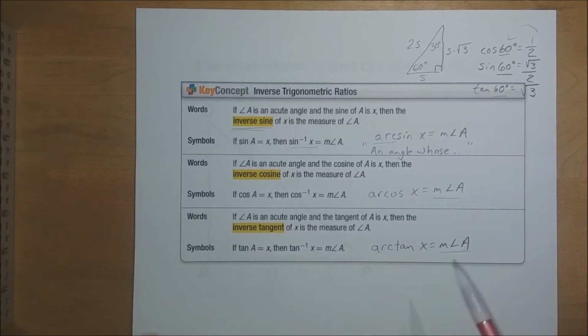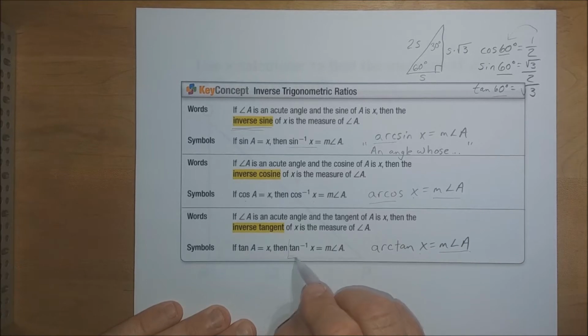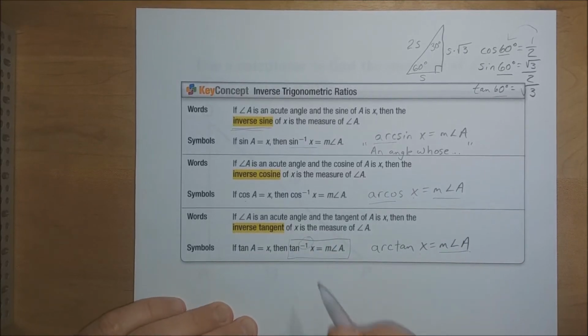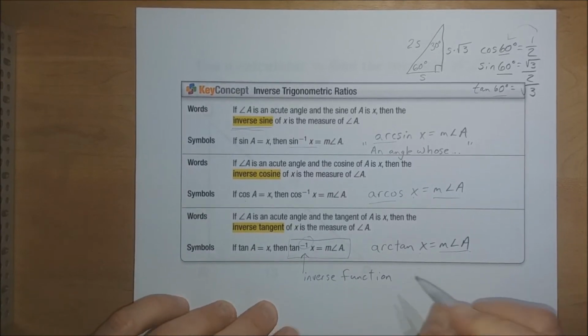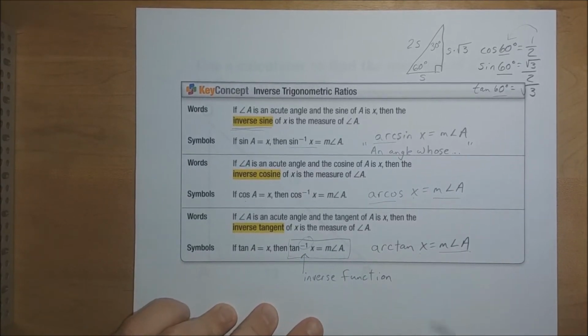In some ways, I like this older terminology better because you don't have the same confusion with this problem right here. Make sure you realize that that's inverse function notation. It is not a negative exponent, so you want to be careful with that.